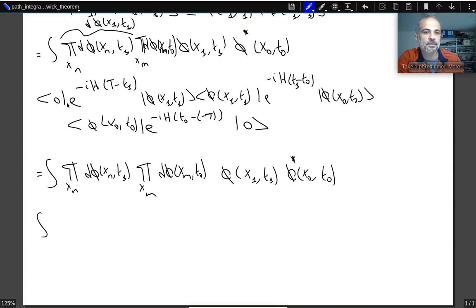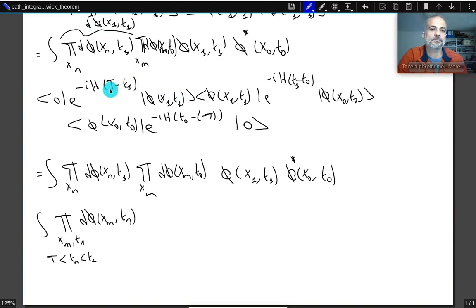From this one over here I have the measure of phi, well, that measure will be the product d phi xm tn over all points xm and tn, such that tn will be between t1 and T. Because we are starting at the time t1, evolving up to the time T, and there's also the boundary condition phi of xm t1, phi of x t1 is actually this one.